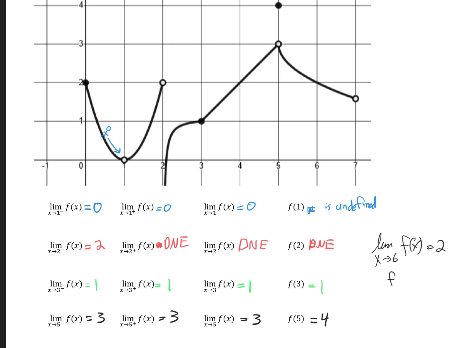And then similarly, if I ask what is f of 6, even though you don't see a solid dot listed anywhere, the line is solid, so the implication is that it's also defined to be 2. So this is equal to 2, and together that would also mean that we are continuous here.